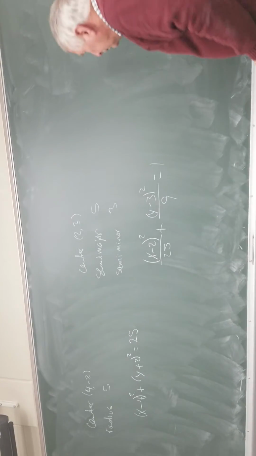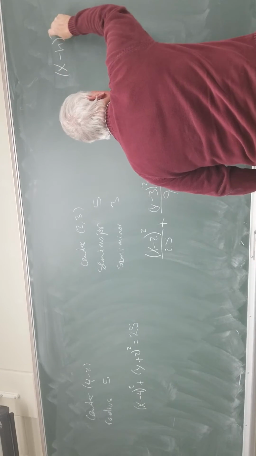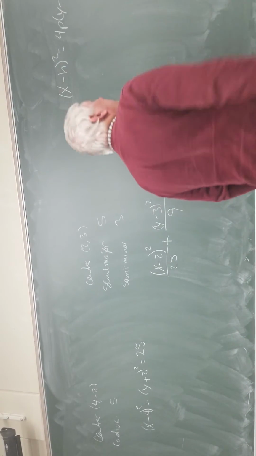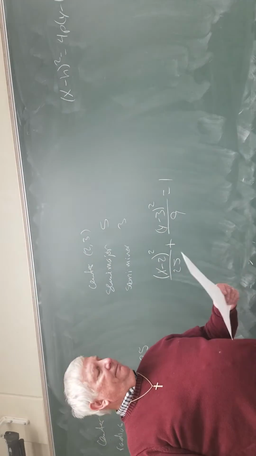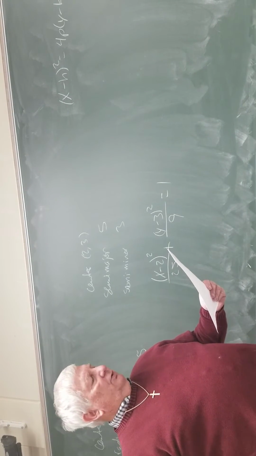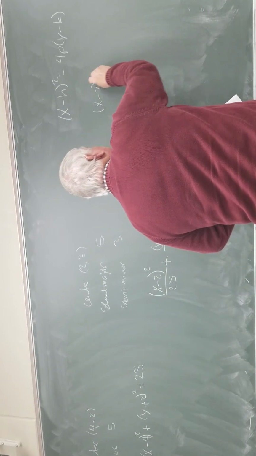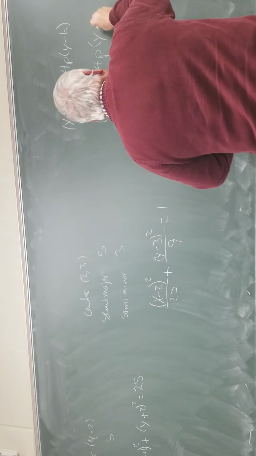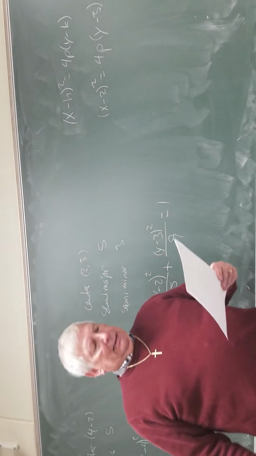Okay, parabola has that form if it opens vertically. And here we're told that the parabola has its vertex at 2, 3. So it's going to be x minus 2 squared is equal to 4 times p times y minus 3. Have to figure out what p is.